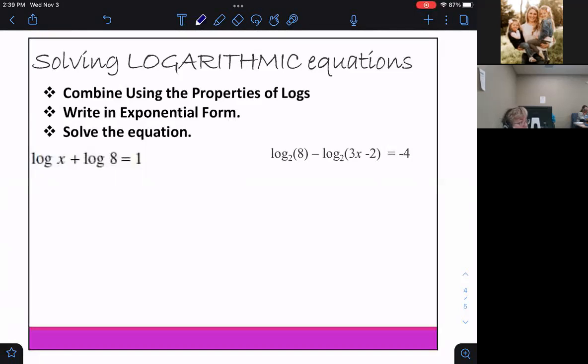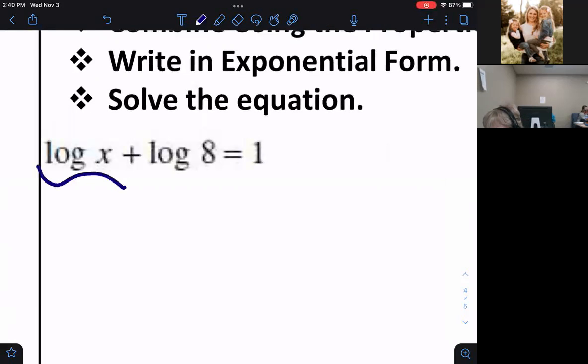In order to make that a little bit more challenging, we're going to throw in the properties of logs. So before we can rewrite these problems in exponential form, we have to combine them using the properties of logs. For this question here on the left-hand side, it's an addition problem.